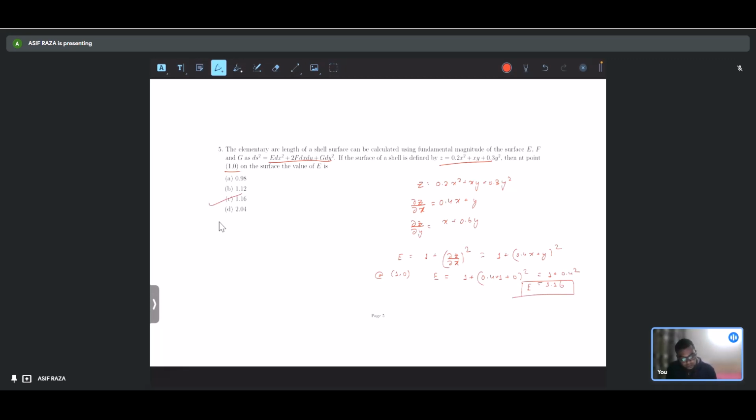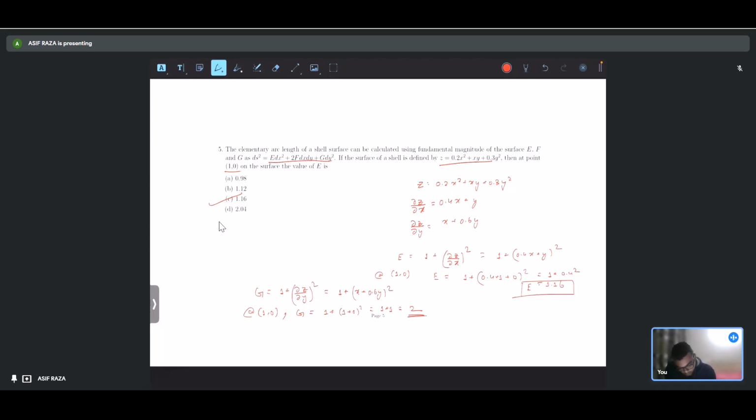Now let's find the other values, F and G, also. G is given by 1 plus (del z by del y) whole square, which is equal to 1 plus (x plus 0.6 y) whole square. At (1, 0), G is 1 plus 1 square, that is 1 plus 1, which is equal to 2.